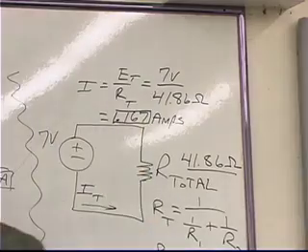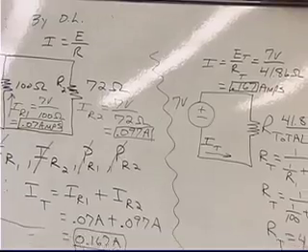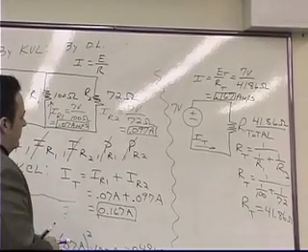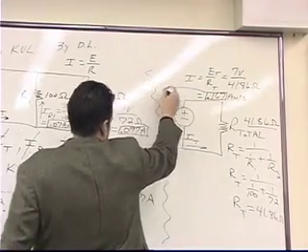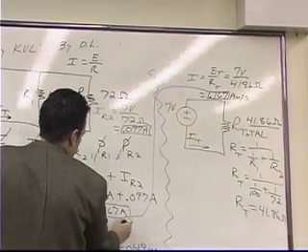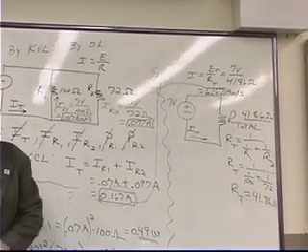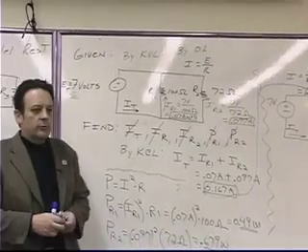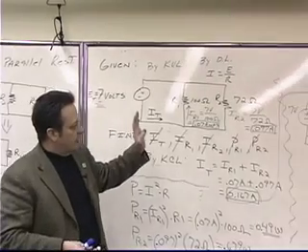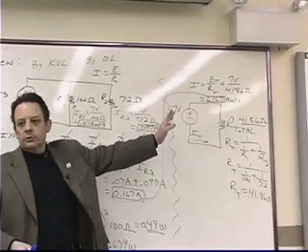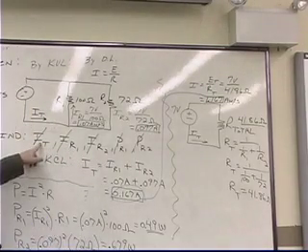If you notice, this number right here is the same as this number right here. So regardless of which method we use, we're going to get the same answer. Now, if we would have decided to solve the circuit using the other approach, we would have found this first.